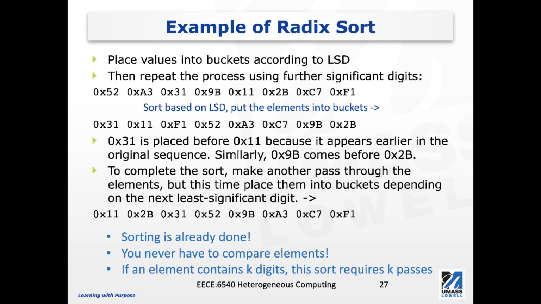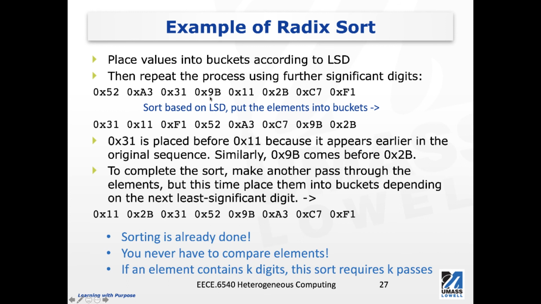We're going to sort these numbers based on the least significant digit, and we're going to put them into buckets. Because we are doing the sorting on the hexadecimal representation of these numbers, in theory we have 16 buckets, where the first bucket is for the numbers with 1 on the least significant digit, and the second bucket is for the numbers with 2, and so on.